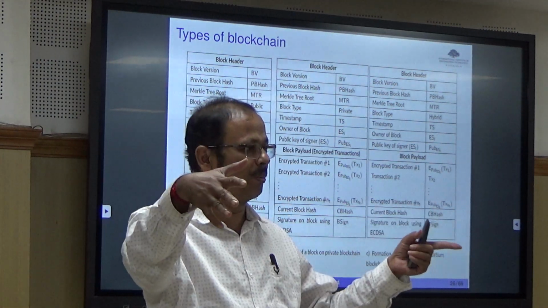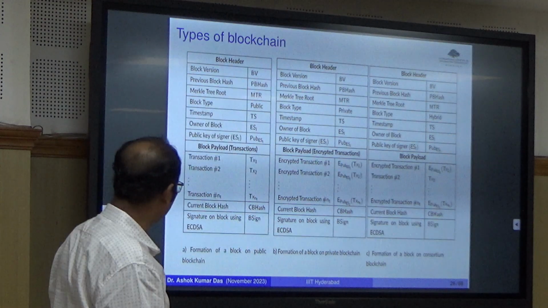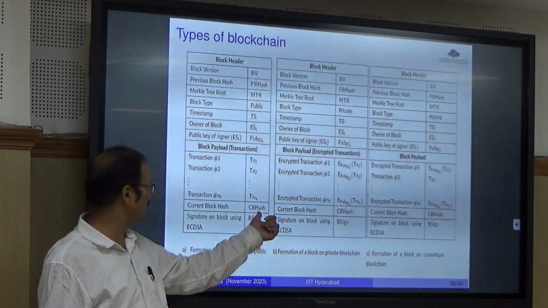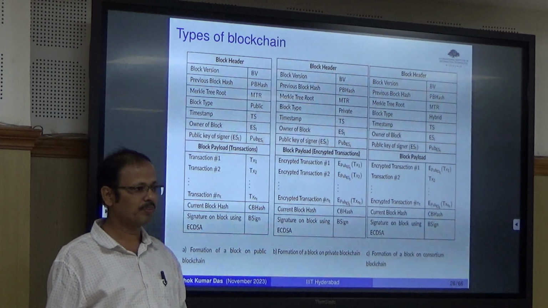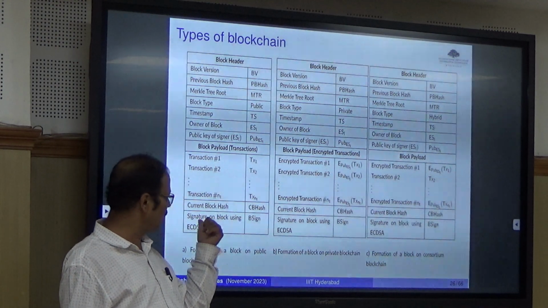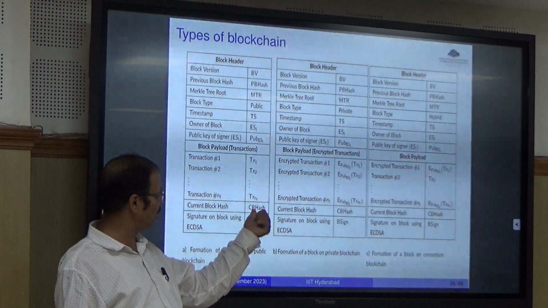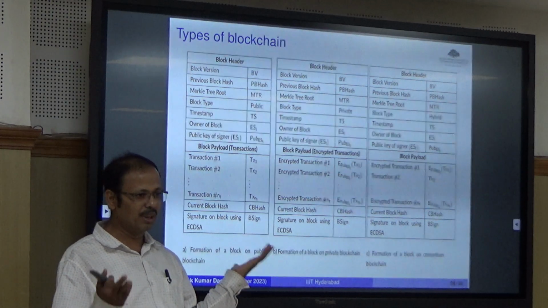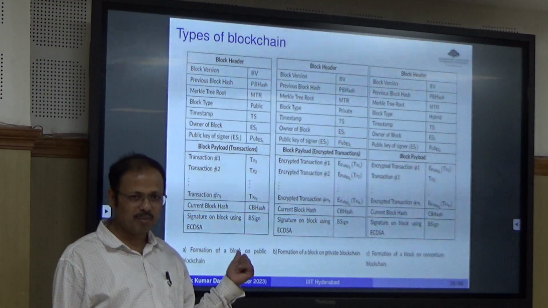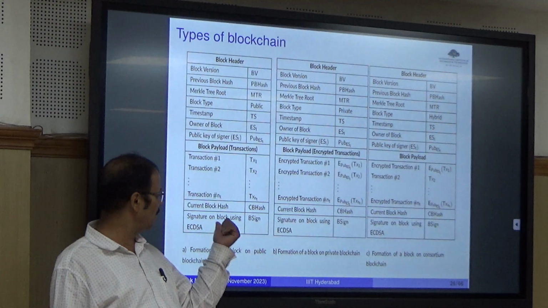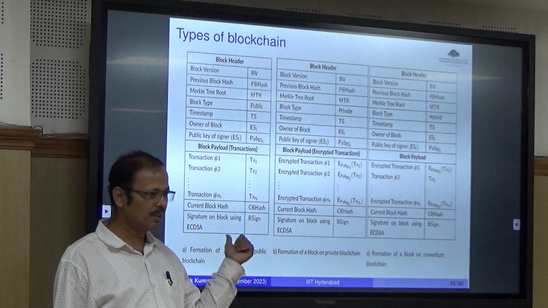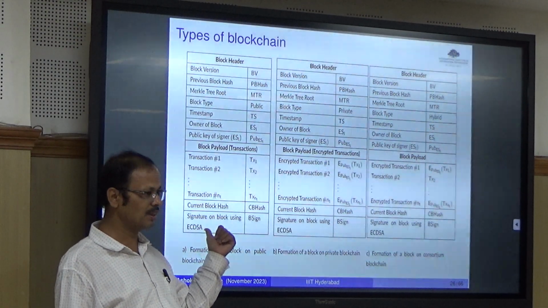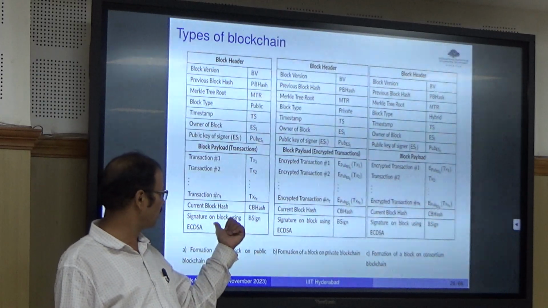Then we get a 256-bit output, and that is put as the current block hash. Finally, we have the signature on this current block hash using a public key based algorithm. In the blockchain they use the elliptic curve digital signature algorithm for creating the signatures.